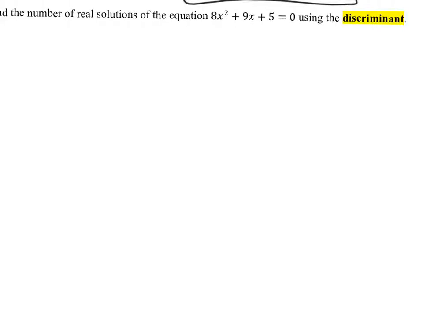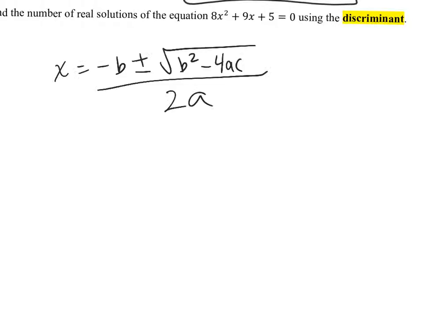So if to discriminate means to judge unfairly, discriminant similarly means to judge. But in the case of mathematics, it's judging how many solutions you have. Now, if I look at the entire quadratic formula, which part would make it so I would have no solution whatsoever?